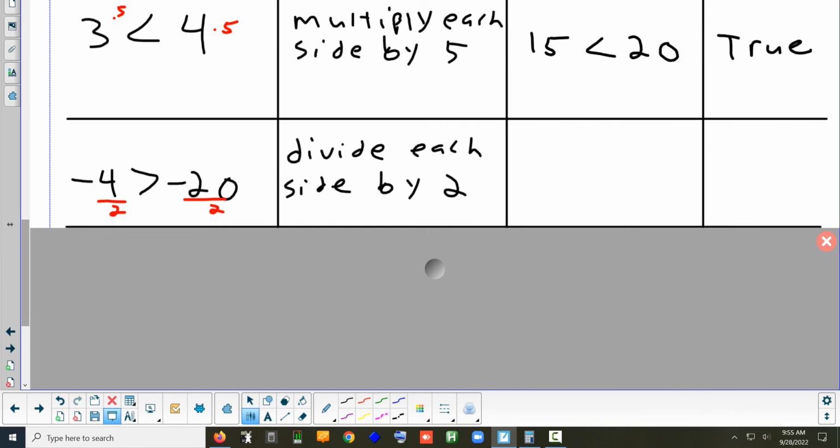Joe, if I divide -4 by 2, what do I get? A negative divided by a positive is a negative. Well, wait, what did you say before? -2. Yeah, -2. And Emily, how about -20 divided by 2?